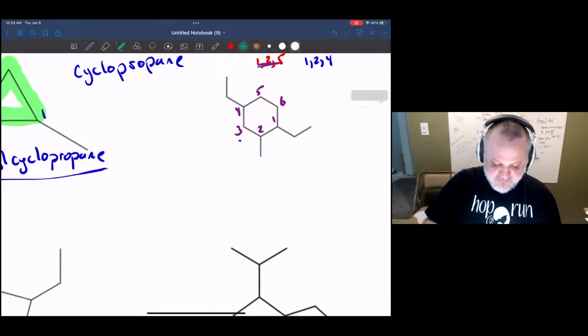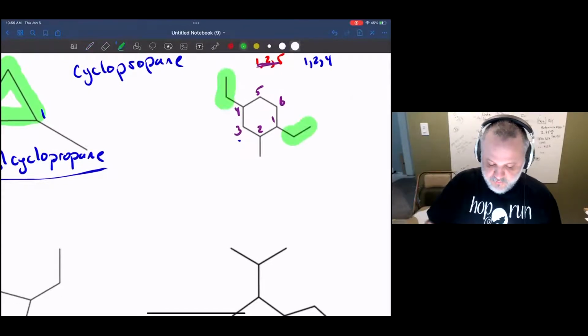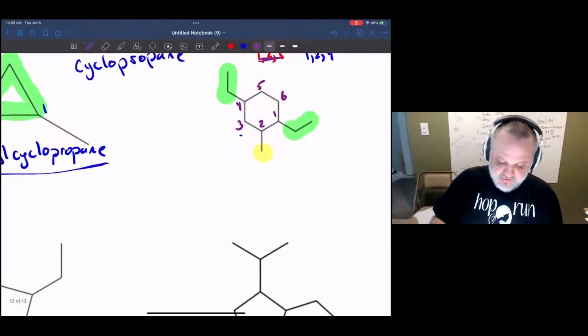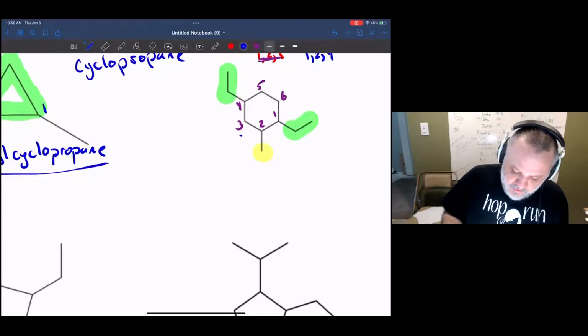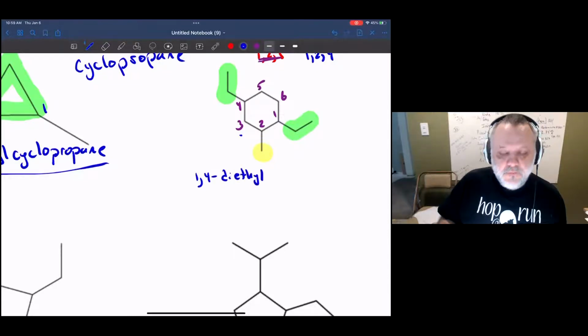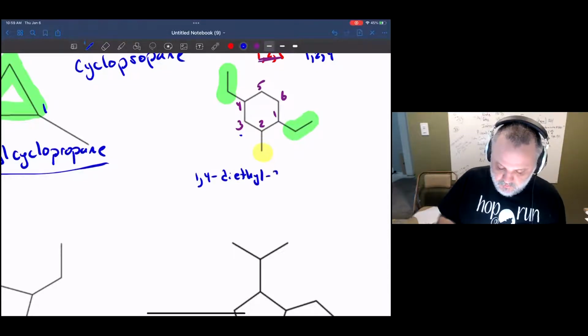It looks like I have an ethyl group here and an ethyl group there, and then I have a methyl group there. So let's put it all together. It looks like it's going to be 1, 4 diethyl 2 methyl cyclohexane.